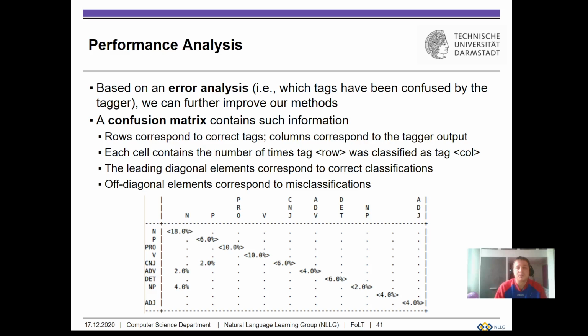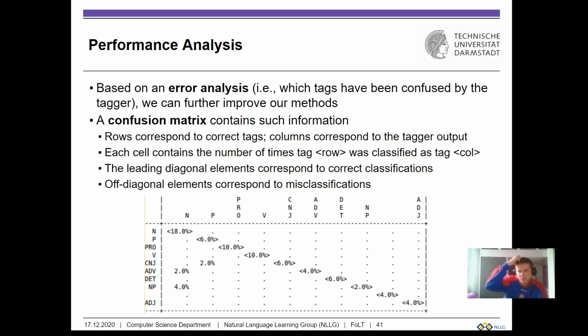This confusion matrix is a symmetric matrix. It has m by m elements, where m is the number of part-of-speech tags. So in English, let's say we have 12 or 20 or 30 part-of-speech tags, depending on our tag set. So it's going to be a 12 by 12, 20 by 20, or 30 by 30 matrix.